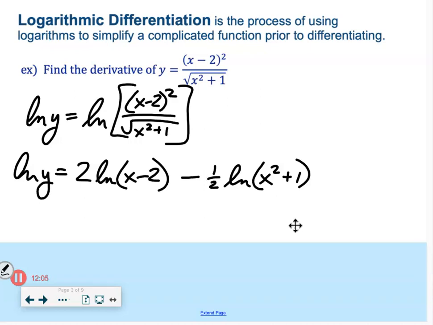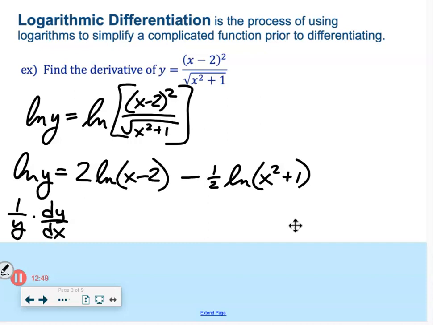Before we do, do you remember the derivative of ln of x? It's 1 over x. The derivative of ln x is 1 over x. So the derivative of ln y would be 1 over y times dy dx, because it's not an x, right?